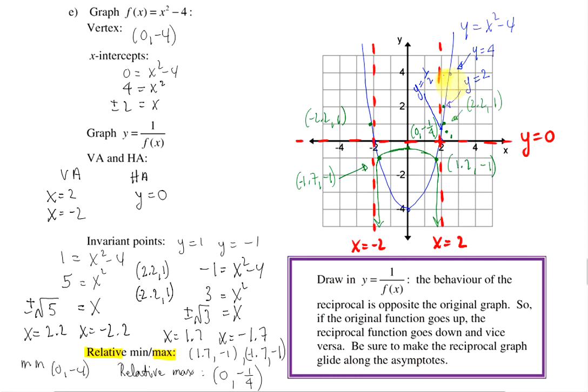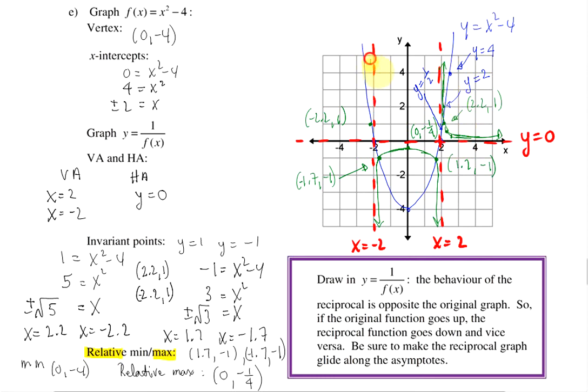Okay, and so you can see that what's going to happen to the graph is it will glide along our vertical asymptote, go through our invariant point, and glide along our horizontal axis.